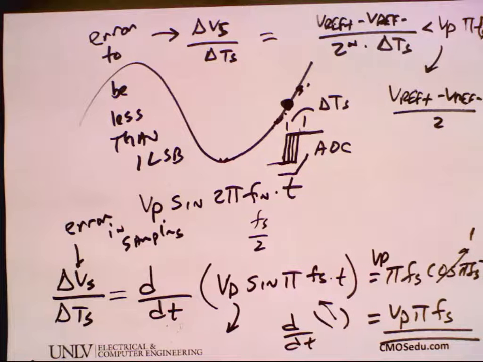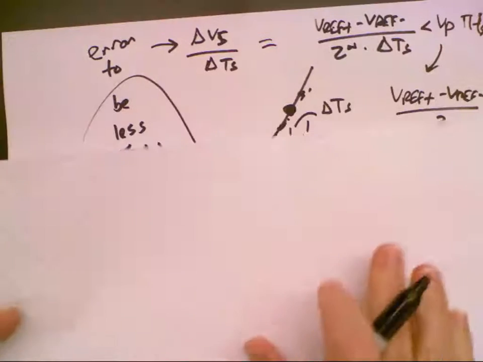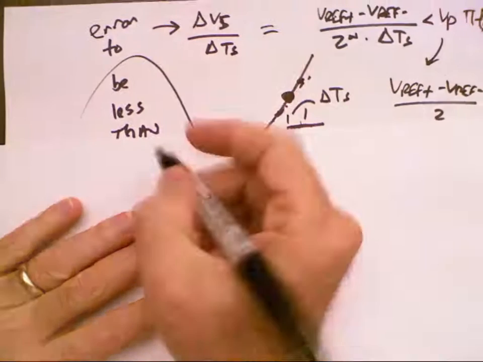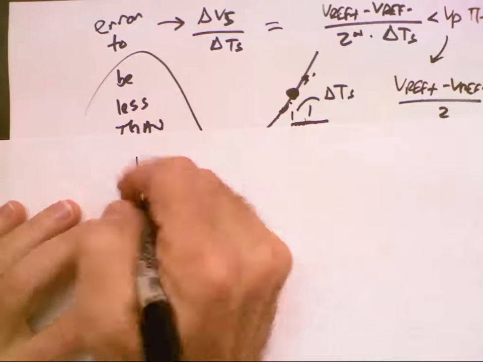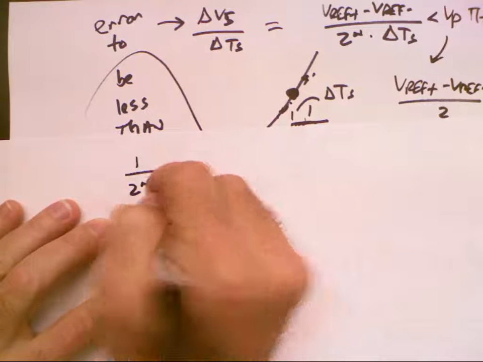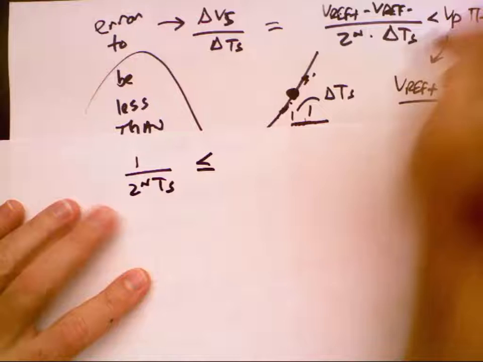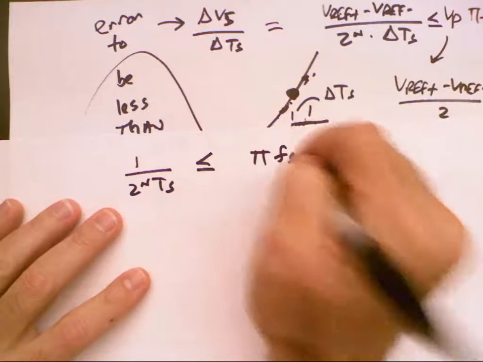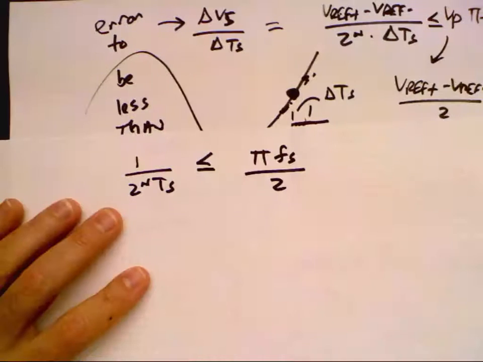Anybody not following? Anybody following? Okay, so then the Vref plus and the Vref minus cancel, and I get 1 over 2 to the n, del Ts less than or equal to pi Fs all over 2.